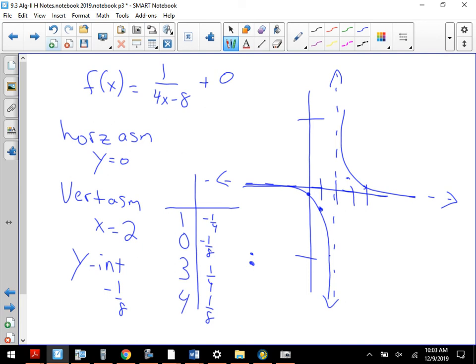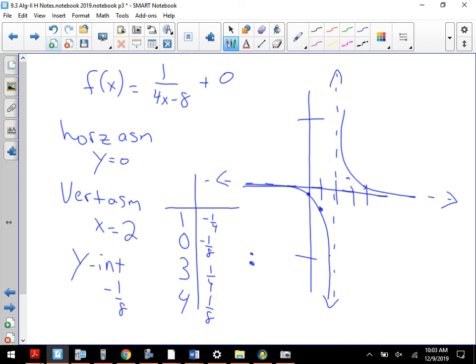If you're using horizontal asymptote, then you'd have to set the fraction 1/4x minus 8 equal to 1 and 2 instead of equal to -1 and -2 and solve for x. It's a lot more work. You can do it, but it's just not fun. Correct. That's why we always work with input to get output.